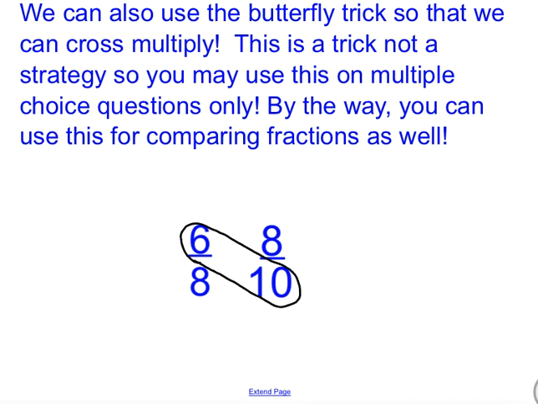So that's what we mean by cross. And the word multiply is because we're going to cross and multiply those. But let's finish. So now we have to, okay, you can see it's starting to look like butterfly wings, right? And then what we're going to do is draw a little antenna.